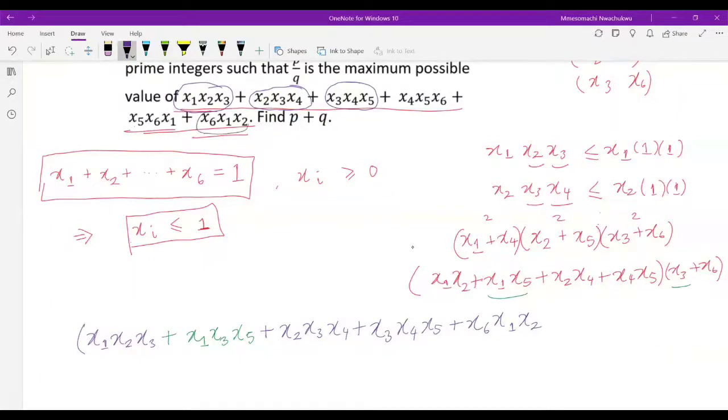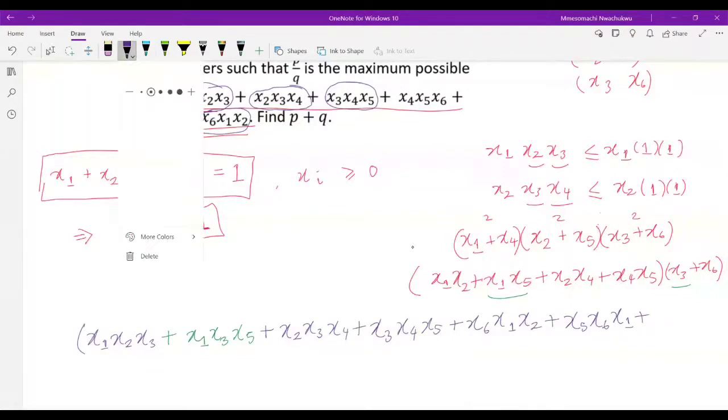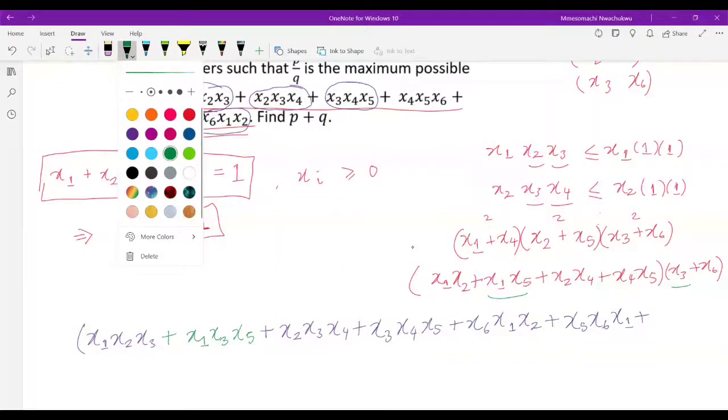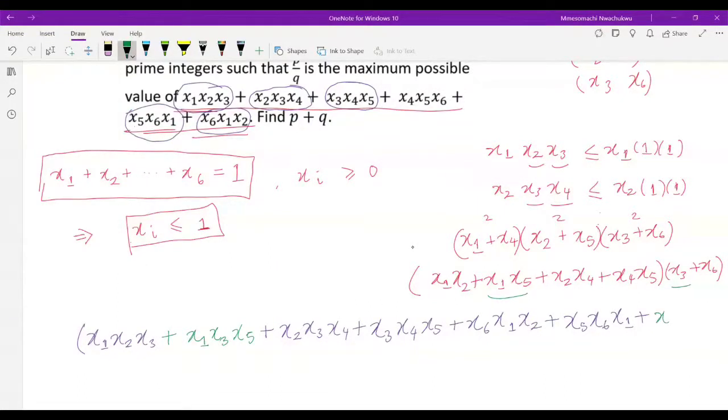Then x1 x5 times x6 is going to be plus x5 times x6 times x1, and that is this here. Then x2 x4 times x6. This doesn't show, so write it in green: x2 x4 times x6.